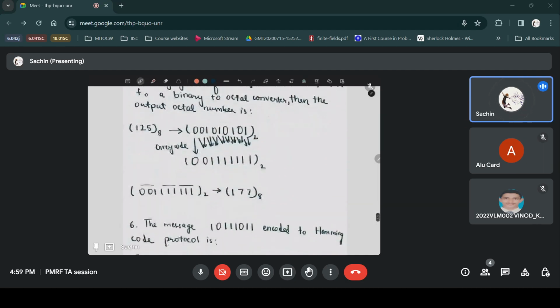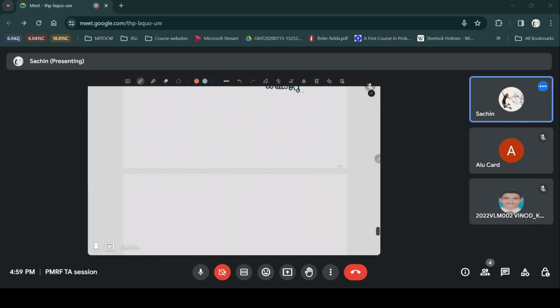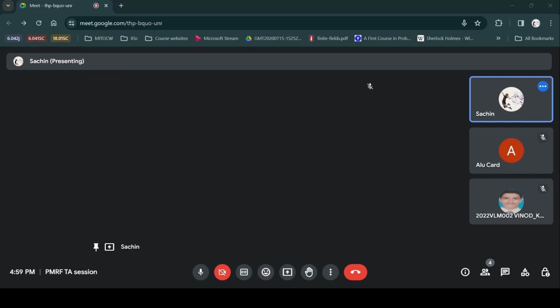We finished question 6. We'll move to question 7. Question 7 is, in the below circuit, x3, x2, x1, x0 is equal to 1001, and y3, y2, y1, y0 is 1101.